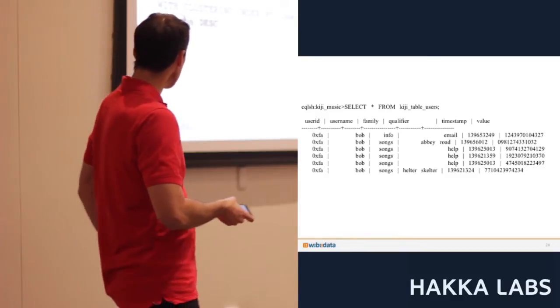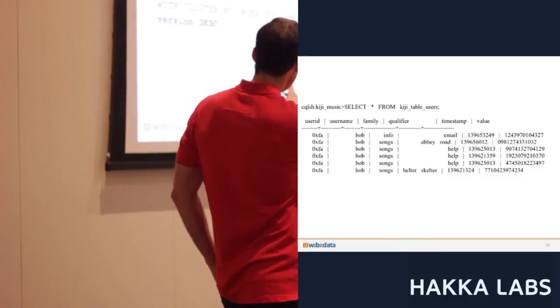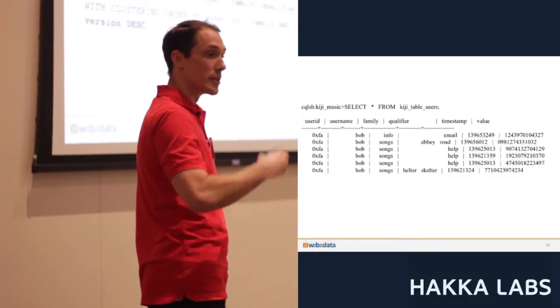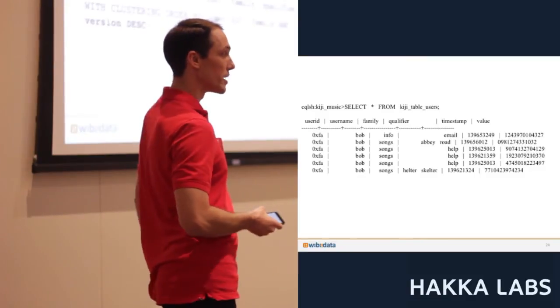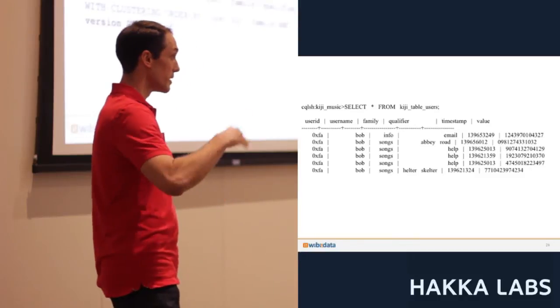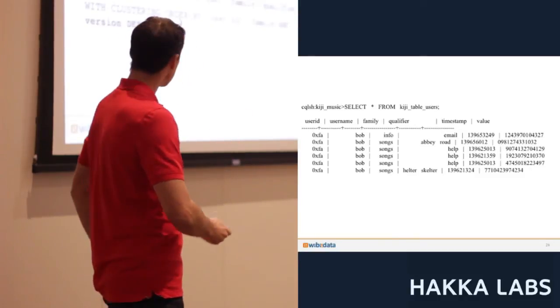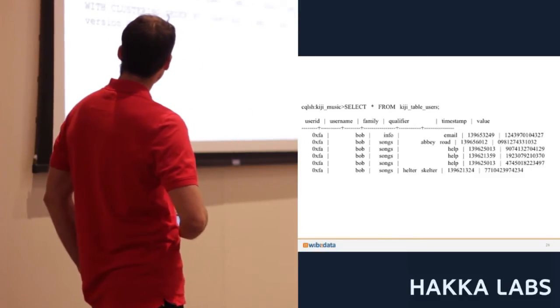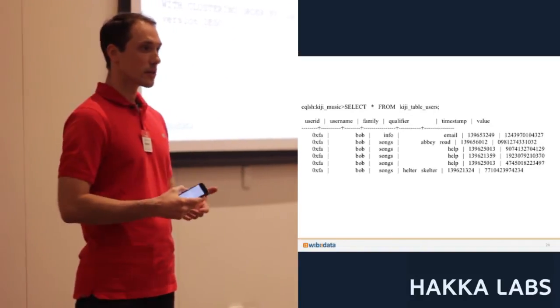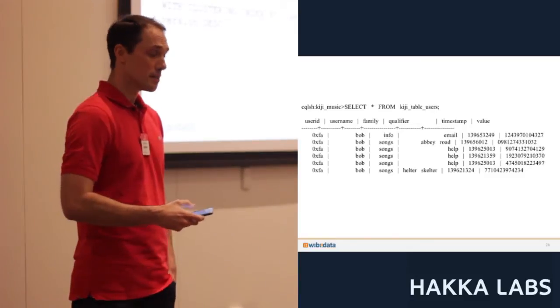Everything's in ascending order except for the timestamp, or version, as we call it, which is sorted in descending order. So if you want to get the most recent version of a cell, you can just use limit 1, and it's available right away. And the column values, because we're using Avro to serialize these complex records, just map to blobs.